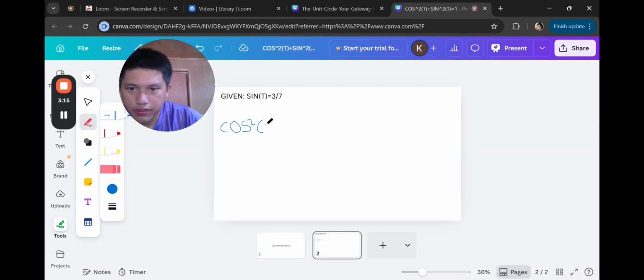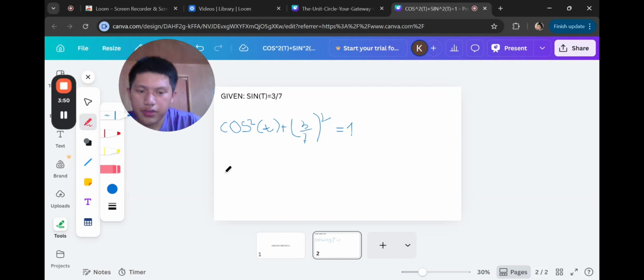So this is cos squared t plus (3 over 7) squared equals 1. After this, you need to solve it.